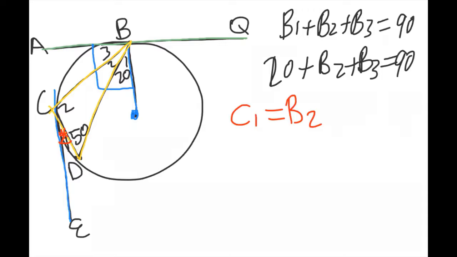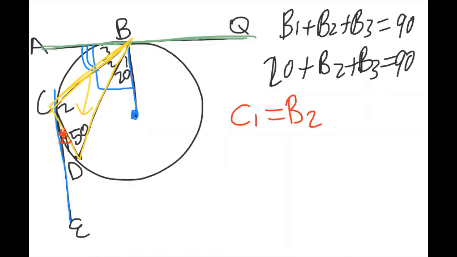So let's see if we can determine B2. We need B2, because if we have B2, then we have the answer. But we don't have that. So let's see what else we can do. Well, we can determine B3, because B3 is also part of the tangent chord theorem: B3 lies between this green tangent and this chord CB, and that extends to this 50 over here.